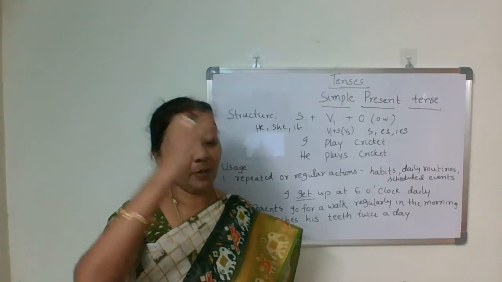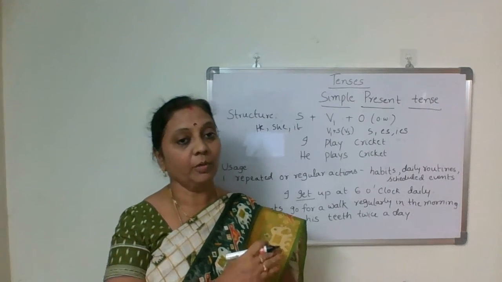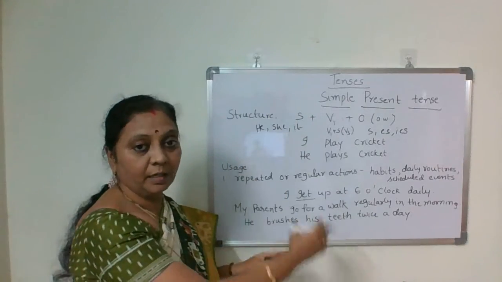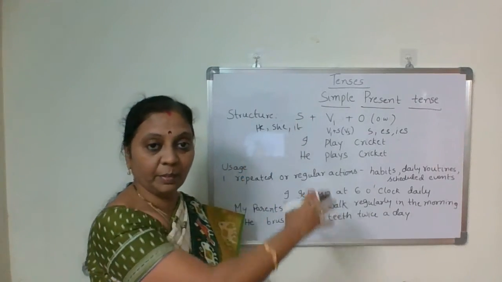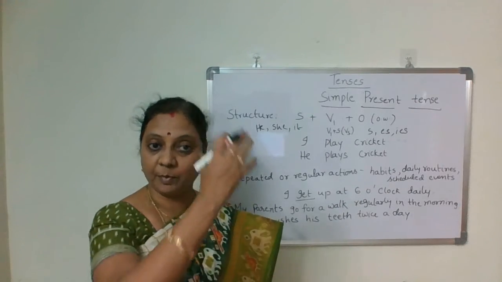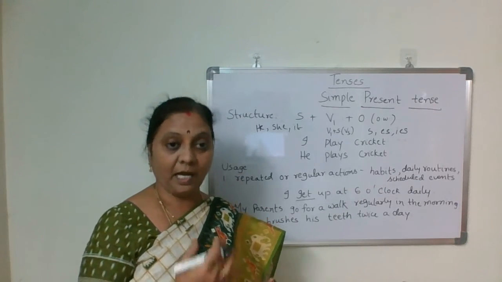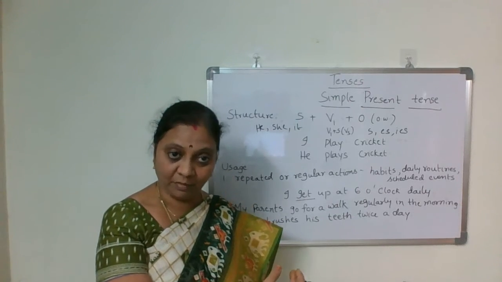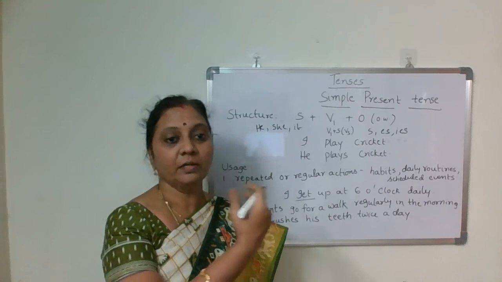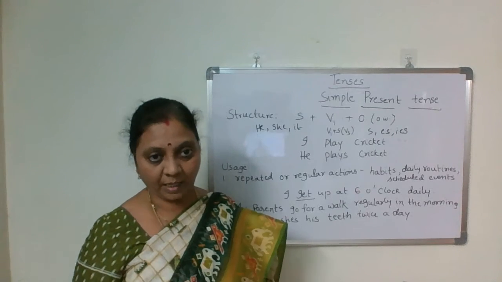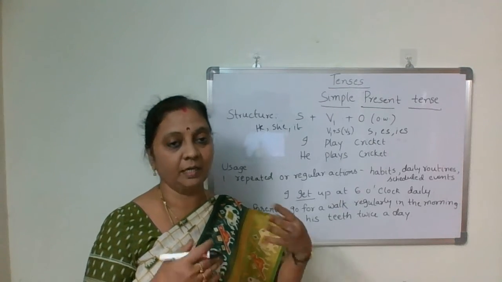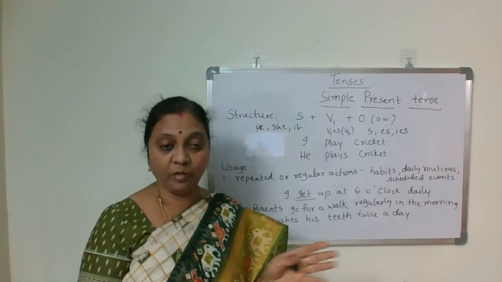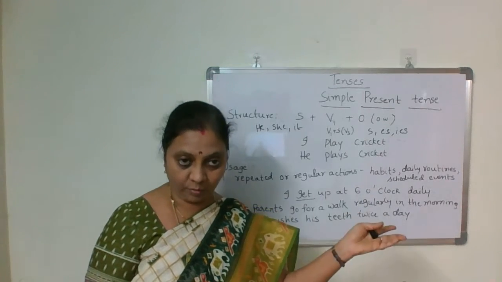I get up at 6 o'clock daily. From getting up to going to bed, you can make daily routine as one column, add the time and prepare your daily routines. Everybody can prepare daily routines. Like I get up at 6 o'clock, I brush my teeth, have a shower, take my breakfast, go to school, come back from school, play for some time, have snacks, do my homework, have dinner, and go to bed.